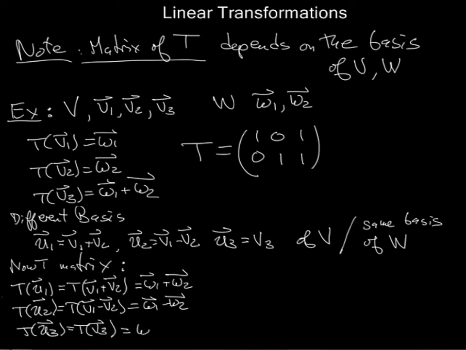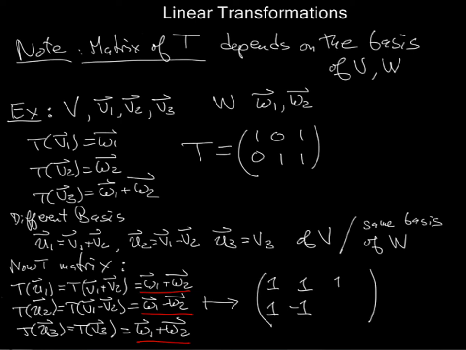That's what it was before, W1 plus W2. And so with respect to this basis, I get the matrix, well, the W1 plus W2 gives me a 1, 1 in the first column, and the W1 minus W2 gives me a 1, minus 1 in the second, and finally we get a 1, 1 in the third.